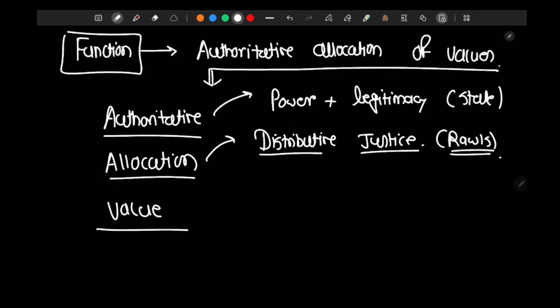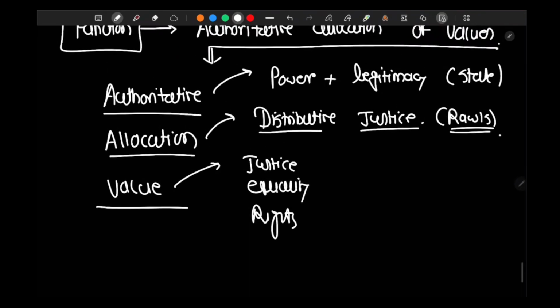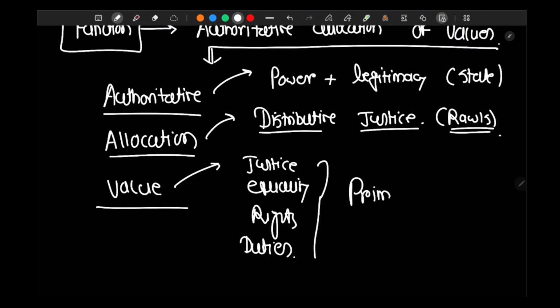Then value. What are values? Values are things like justice, equality, rights, duties. All these things are values. For values, there is a very famous term given by Rawls, which is primary goods.